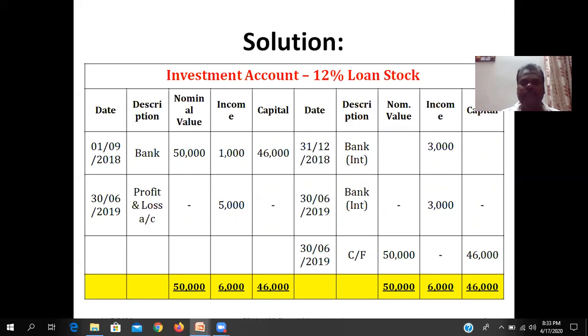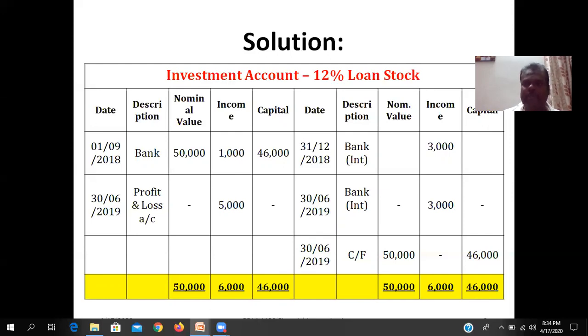But if you see this solution, 47,000 is not recorded under the capital column, because this is purchased cum interest. Theory clearly says if it is a cum interest purchase, the pre-period interest should be adjusted. It was purchased on 1st September, so we should understand what was the last date that interest was calculated.